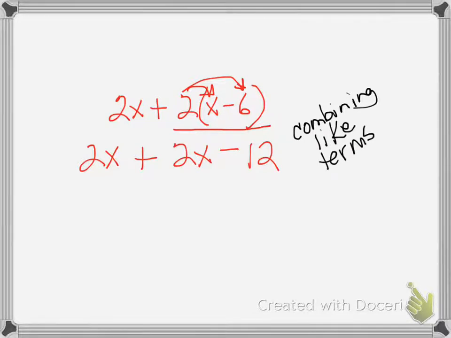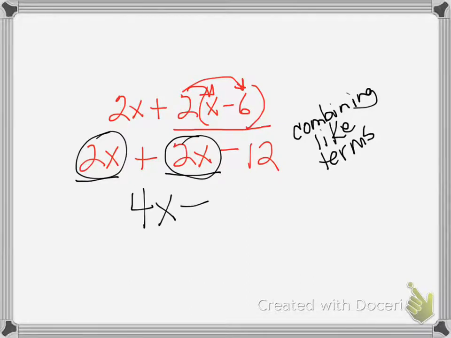All right, so you can see these two are alike, because they have a coefficient and then they are followed by an x. So if I take a 2x and I add another 2x, I have 4x. Okay, and my 12 is going to stay the same because I have nothing to combine it with. So that's as simple as it gets.